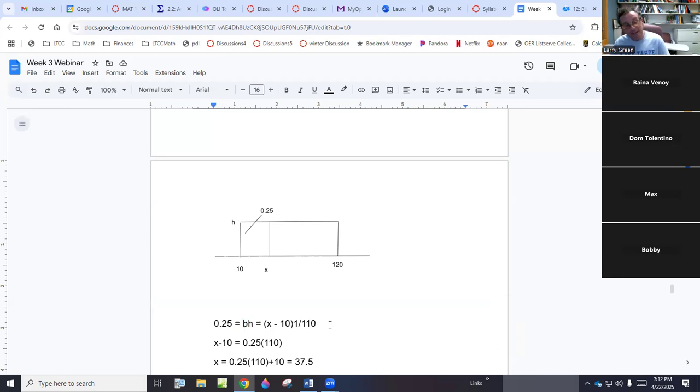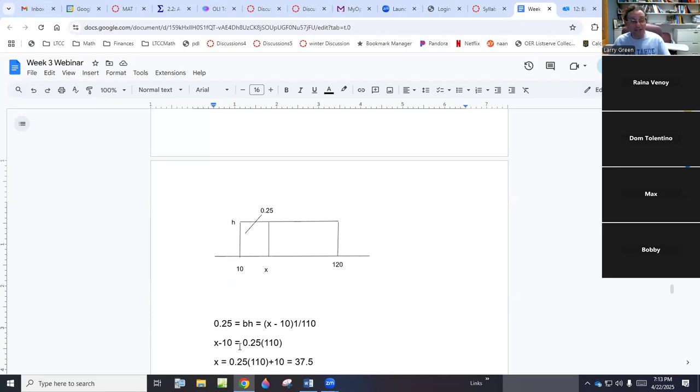Okay, and then, whether you like it or not, we got to do algebra. So what I can do is multiply left side and right side by 110. And I'm going to switch the equality sign the other way, which you're allowed to do with equals. So we get x minus 10 equals 0.25 times 110. And I want x by itself.